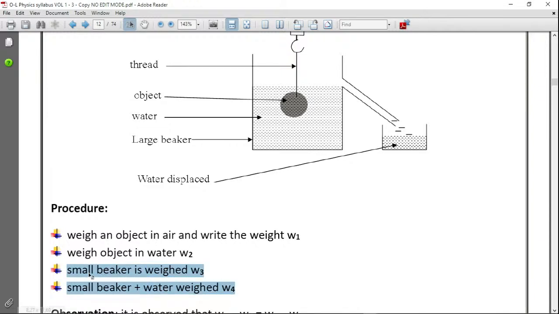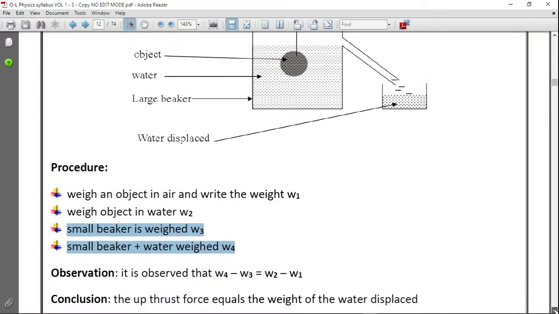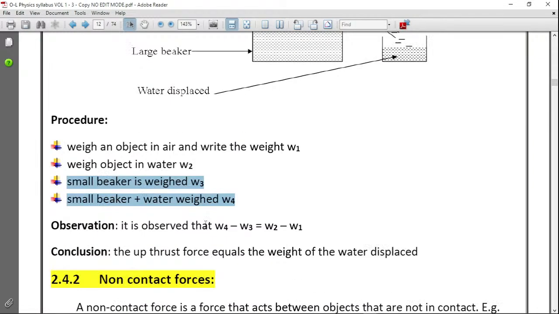And then we have the weight of the stone in air and the weight of the stone in water. Now, what's the observation? You will see that W4 minus W3 is equal to W1 minus W2.